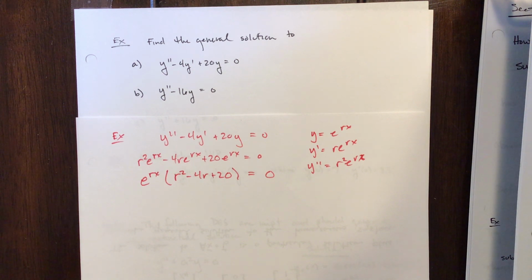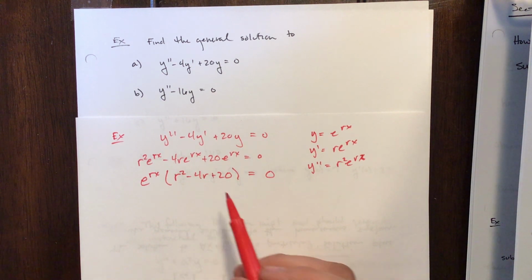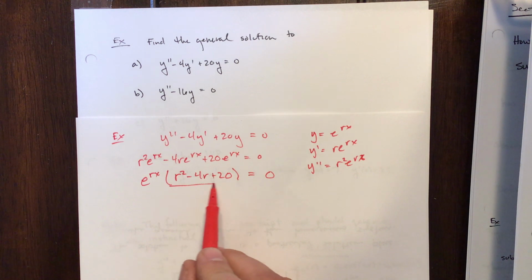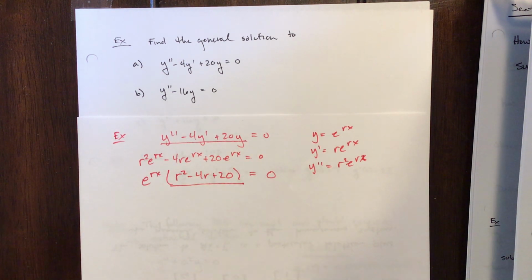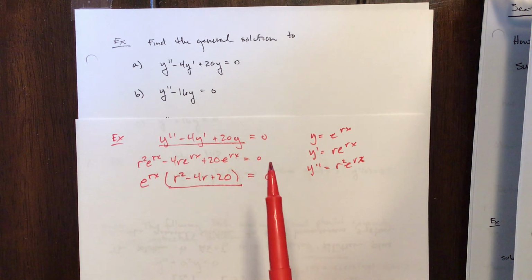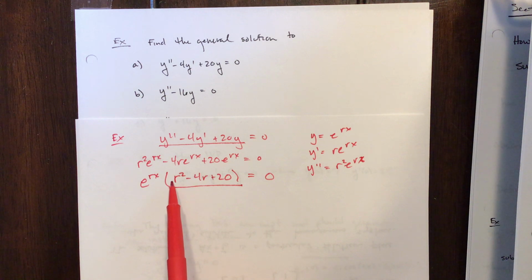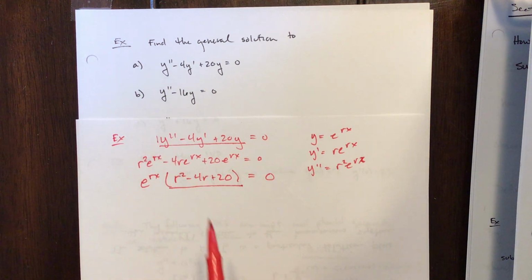Now, you can see right here that the auxiliary polynomial comes directly from the initial differential equation, where the coefficient on r squared is the same as the coefficient on y double prime.